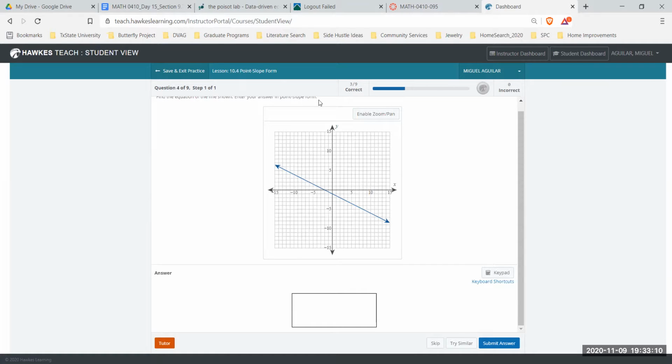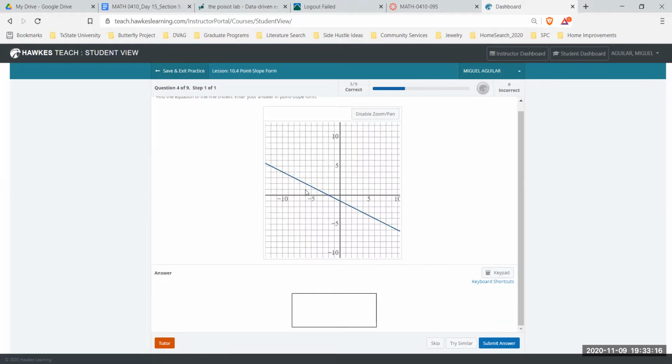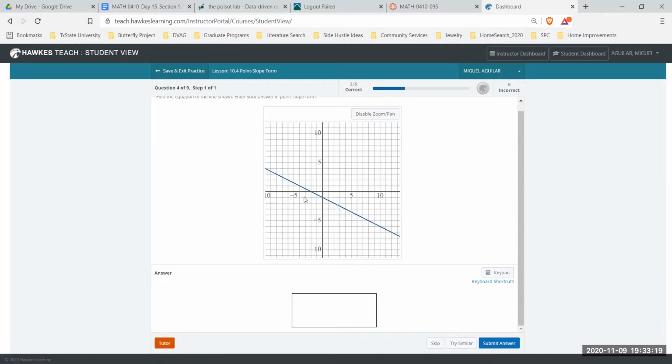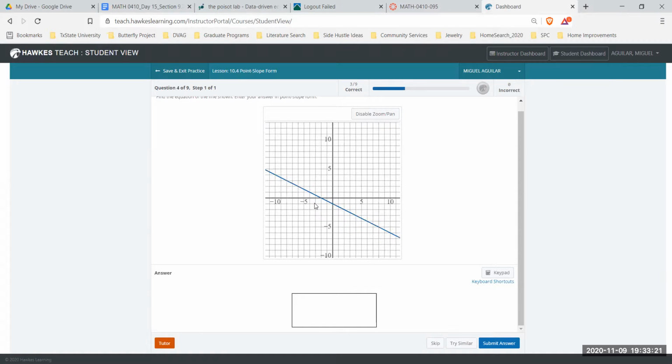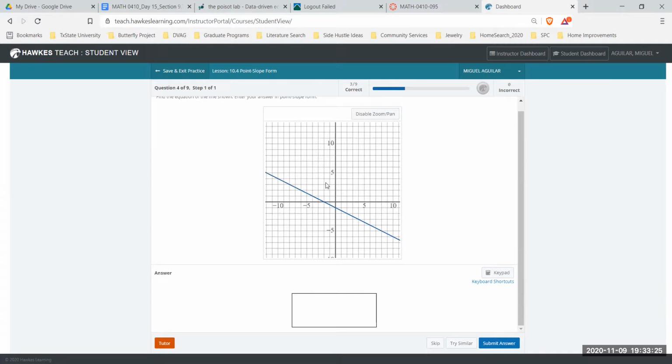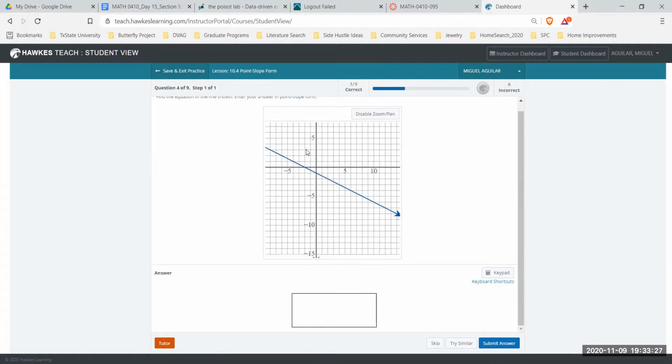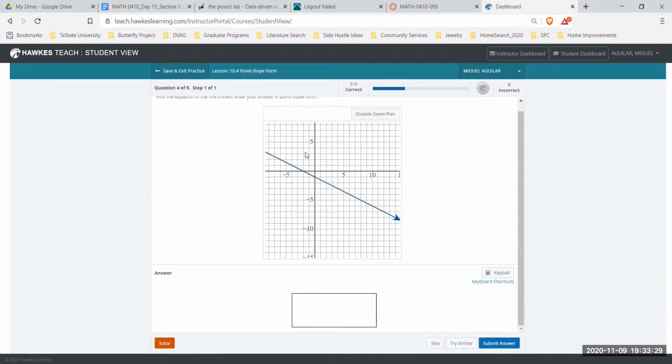So what we can do is, and you'll be able to do this better on your computer than just watching my screen, we can zoom in and we can just pick a point, any point, and then actually we can pick 2 points and find the slope just by thinking about rise over run. So maybe I pick this point here. Let me go ahead and draw a point. Maybe this one right here.